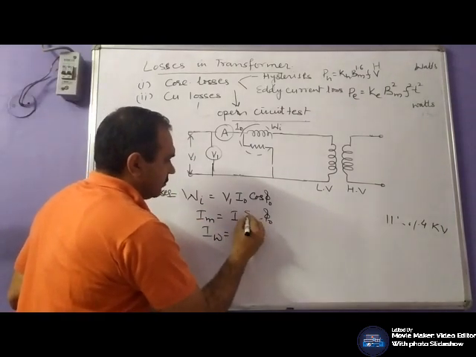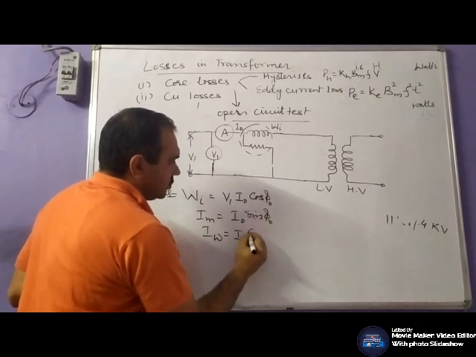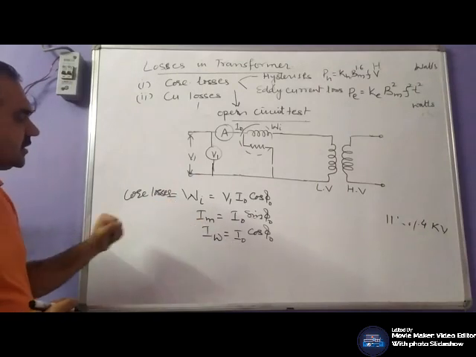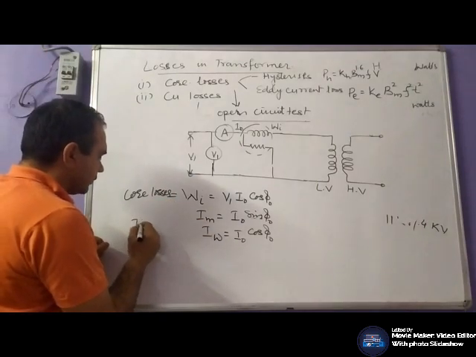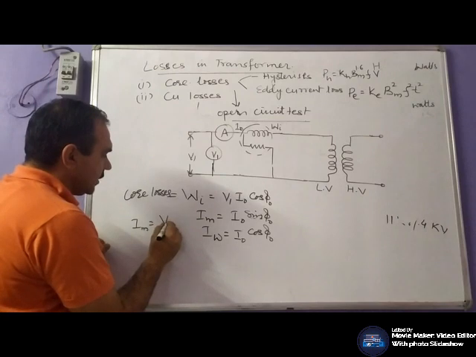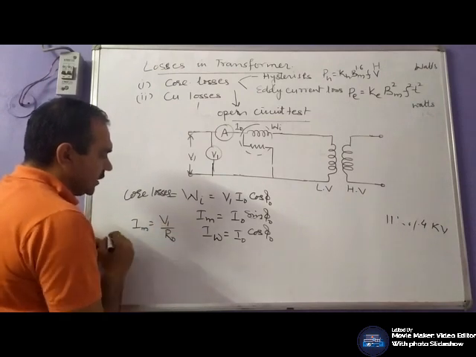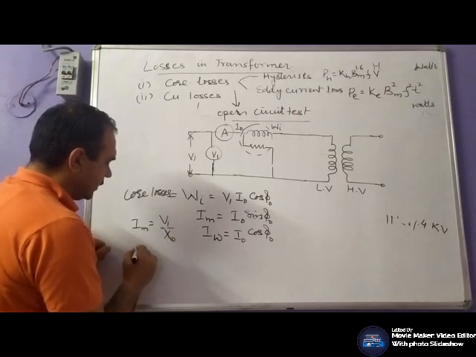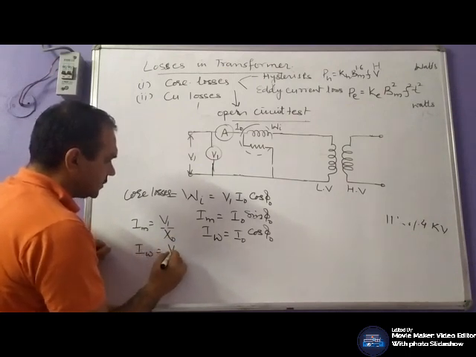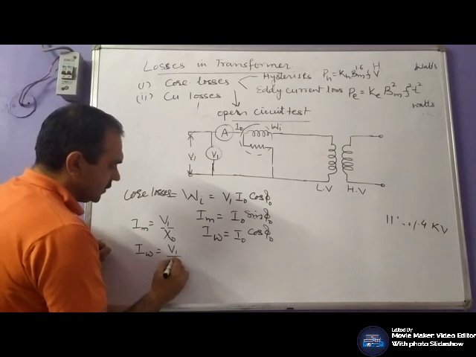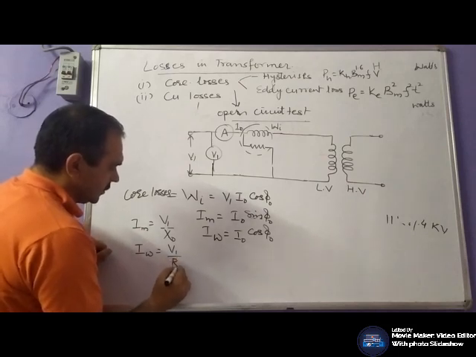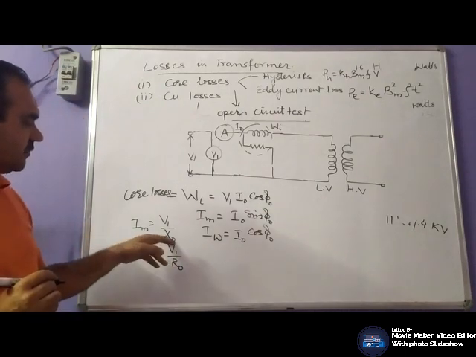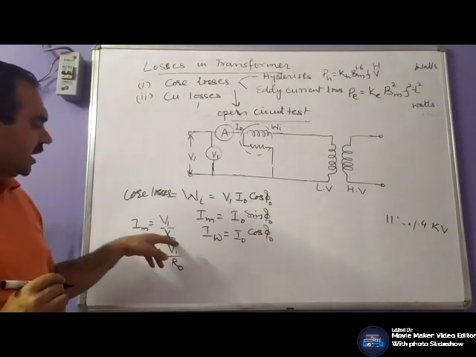Im is I naught sin phi naught, and Iw is I naught cos phi naught. The magnetizing component Im is V1 by X naught, and Iw is V1 by R naught. In this way, we can find out the value of R naught and X naught also.